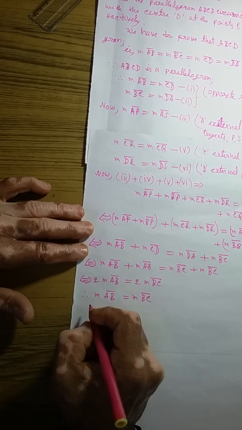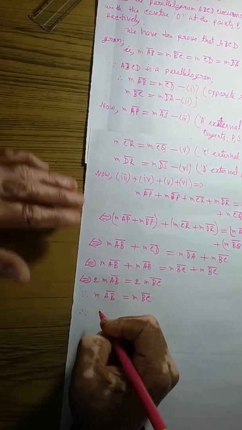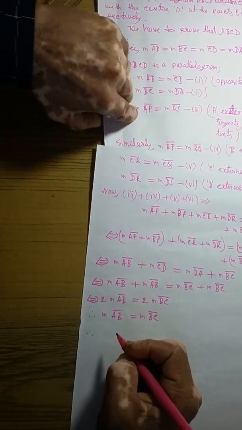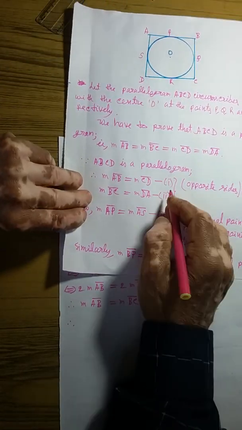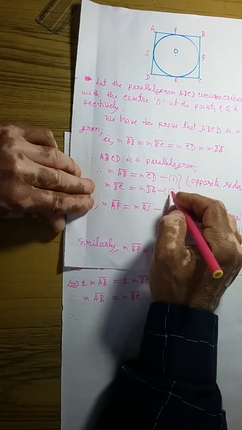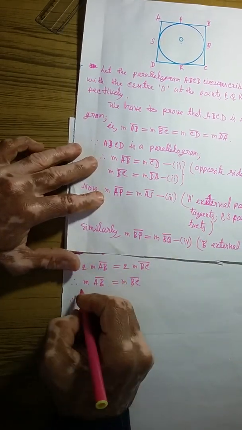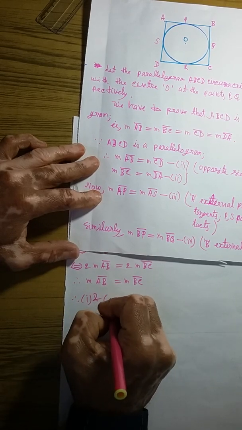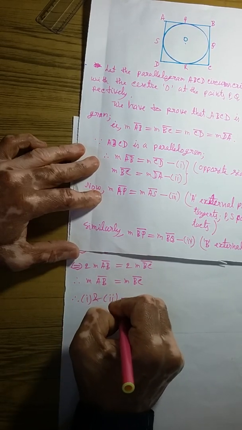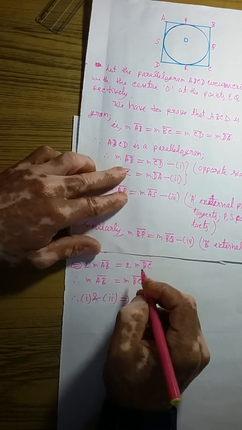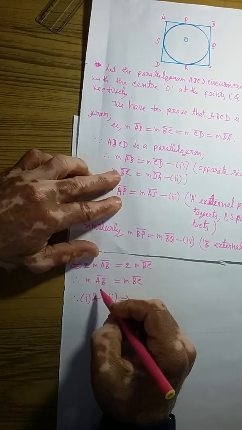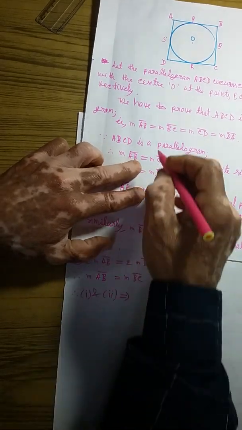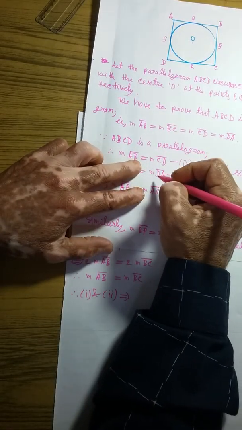After this, write in this way, therefore 1 and 2 implies, if measure of AB is equal to measure of BC, then measure of CD must be equal to measure of DA.